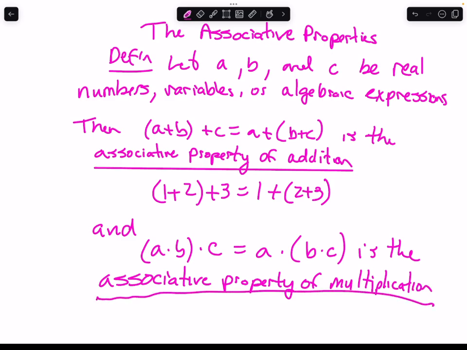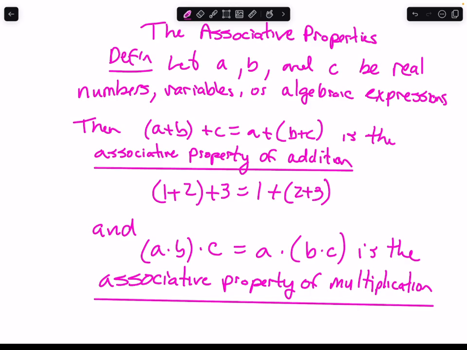In other words, you can reassociate multiplication with grouping symbols and get the same result as well. Let's try an example.